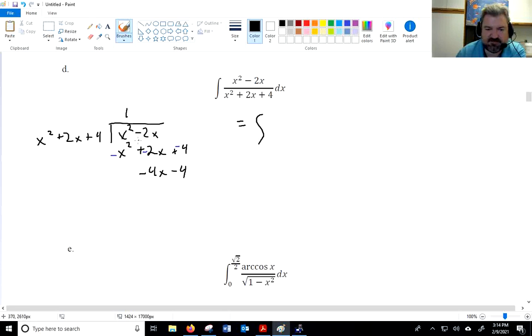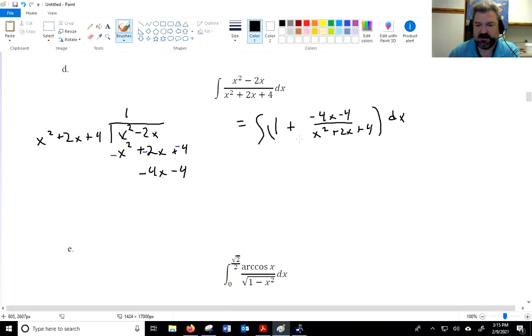So what that means is, since x squared minus 2x over x squared plus 2x plus 4 has a quotient of 1, it's 1 plus the remainder, which is negative 4x minus 4, over the divisor. I always just put plus and the remainder over divisor. If you want to get cute and try and pull out that negative, you'd have to factor it out of both of these, so be really careful if you're going to do something like that.